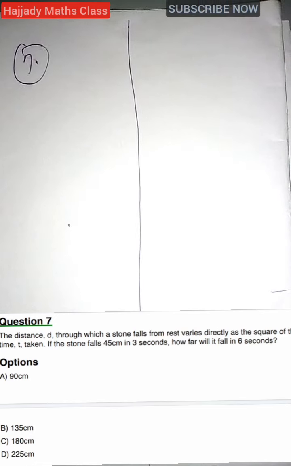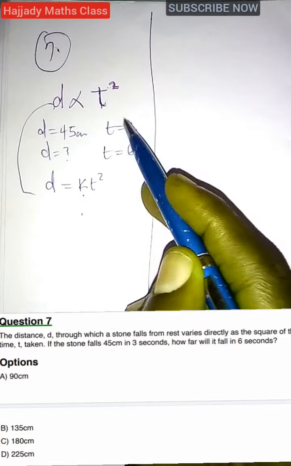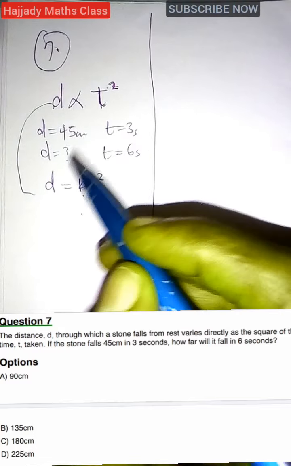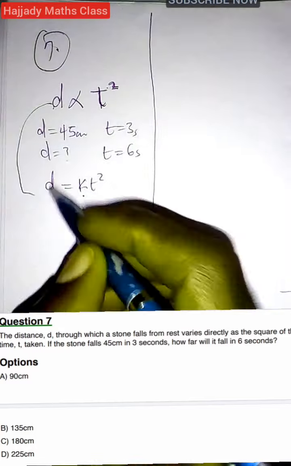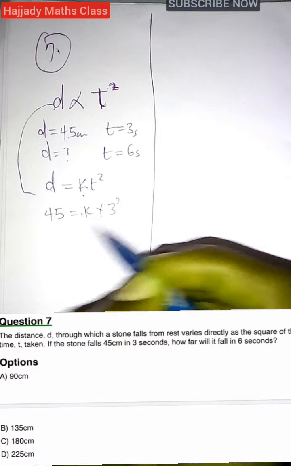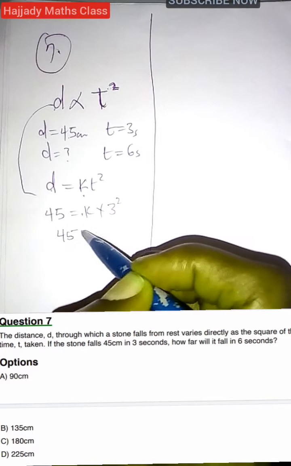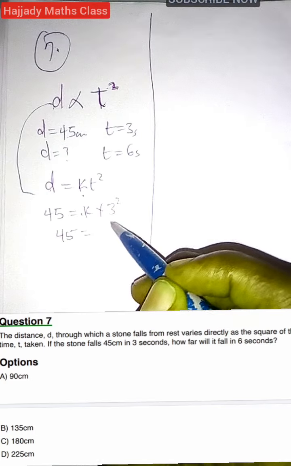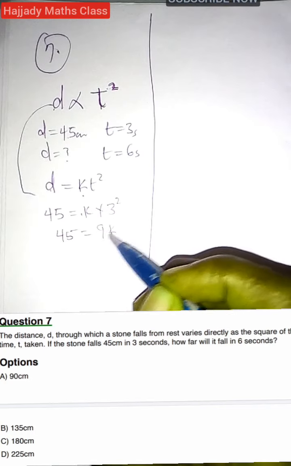Now, d is a direct variation. The first thing you have to do is to reinterpret this as d equals k t squared, where k is the proportionality constant. Now let's substitute in the first value. When d is 45, t is 3 squared. So we have 45 equals 3 squared, which is 9, so 9k.